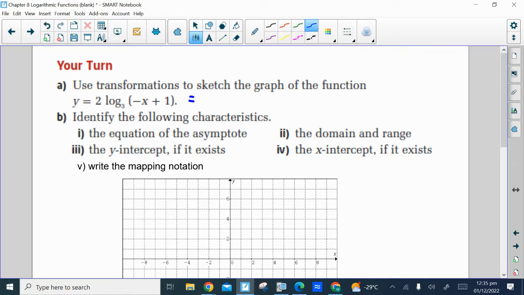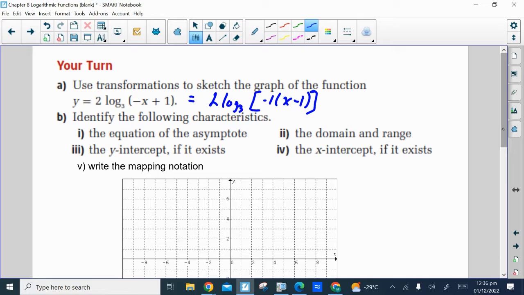Our b value is negative 1, but to get the true value of h, b must be taken out as a common factor. When you take out a common factor of negative 1, you get x minus 1 inside the rounded brackets, which means we have an h value of positive 1, not negative 1.